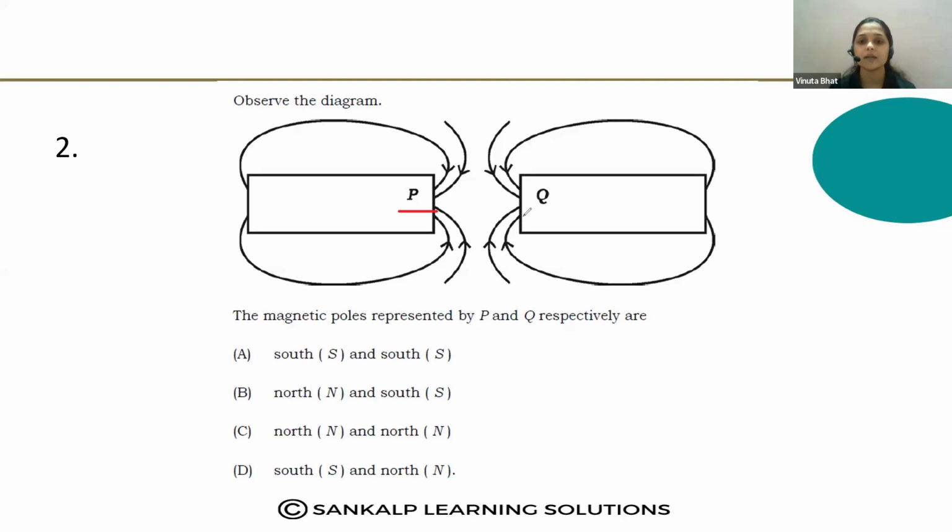Observe this diagram correctly. When you observe the diagram, what do you see here? That is a bar magnet, and the remaining lines are the magnetic field lines, right?